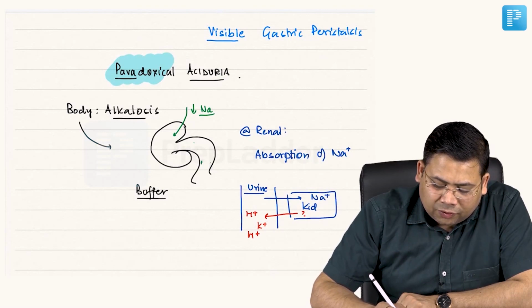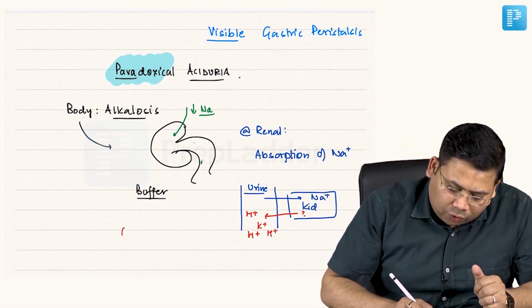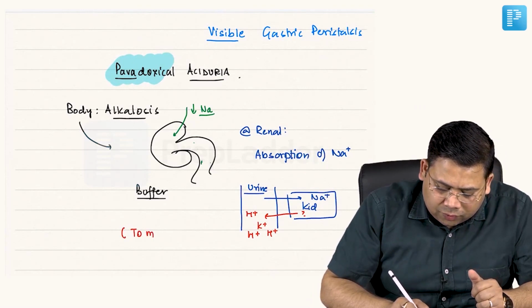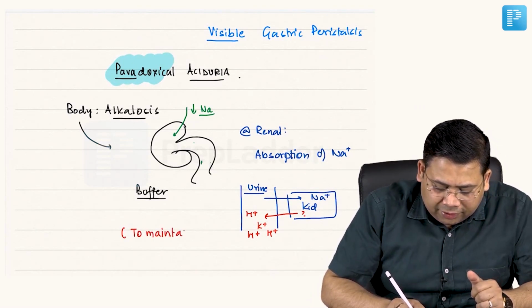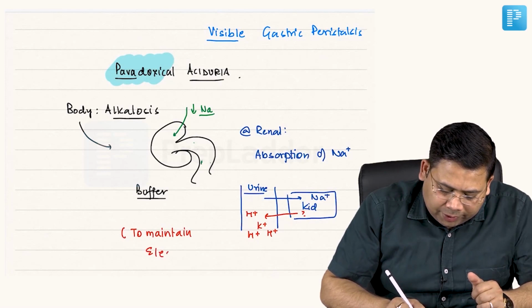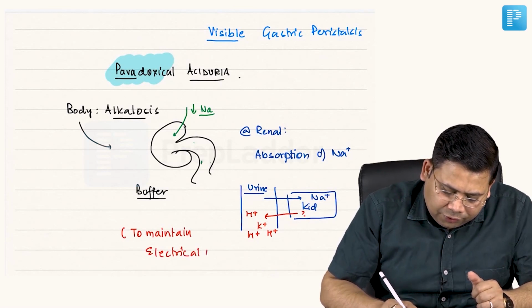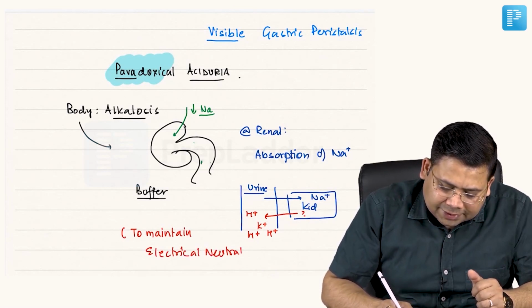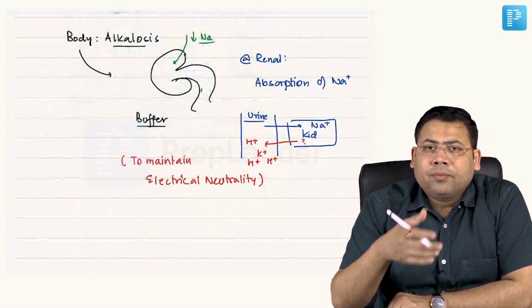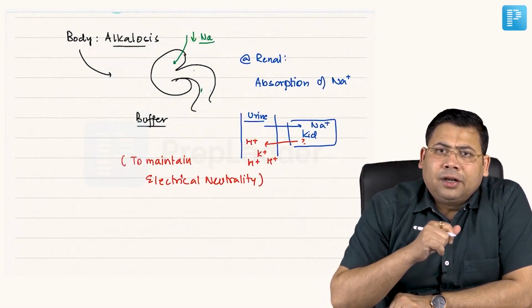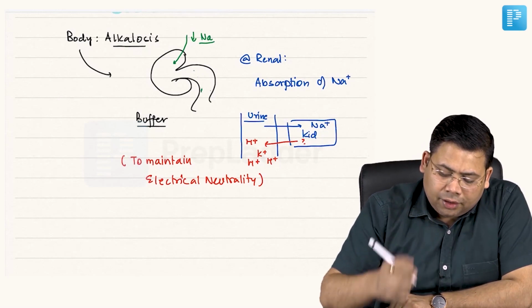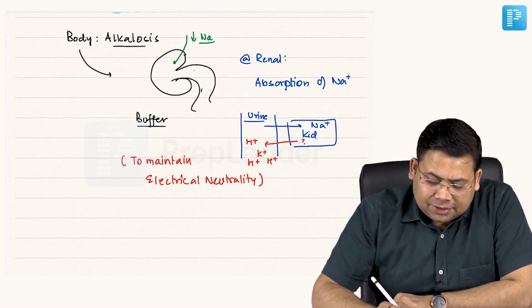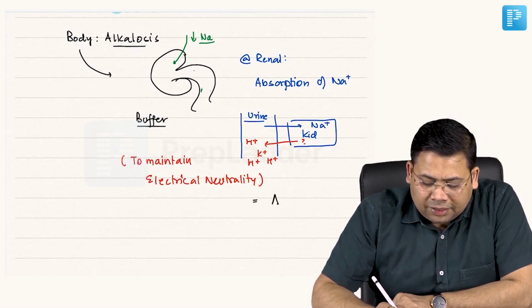So you like it or you don't like it, in exchange of sodium, in order to maintain electrical neutrality, yes, there is exchange of sodium into the kidney and hydrogen ions into the urine, and that is the reason you develop what?